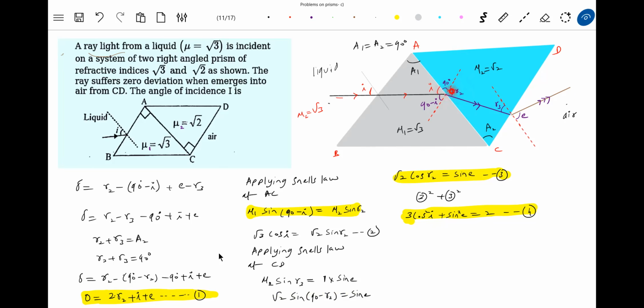Any relationship can be found right here. 90 plus I. So this is 90 degrees. This is I. You draw this particular thing. So what can be this angle?